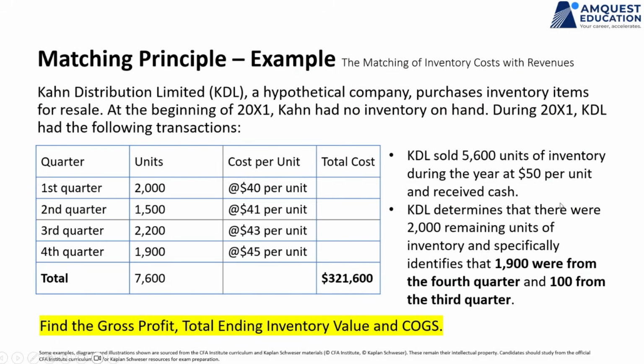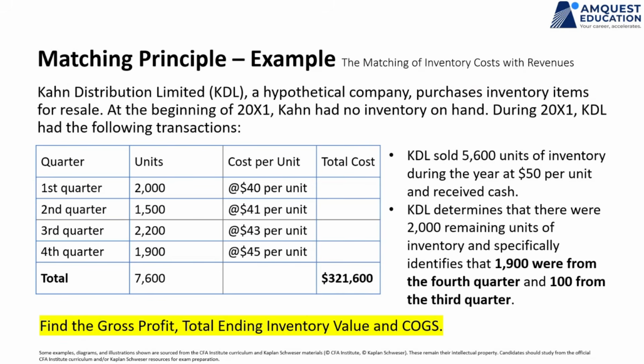Take an example, the matching of inventory cost with revenue. Khan Distribution Limited, a hypothetical company, purchases inventory items for resale. At the beginning of 2021, Khan had no inventory on hand, and during 2021, KDL had the following transactions. They sold 5,600 units of inventory during the year at $50 per unit and received cash.